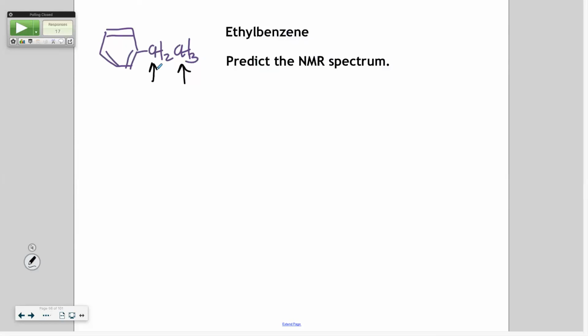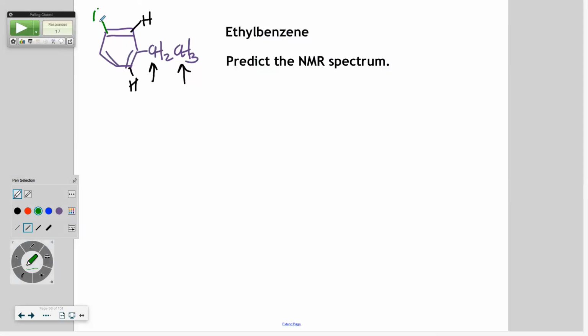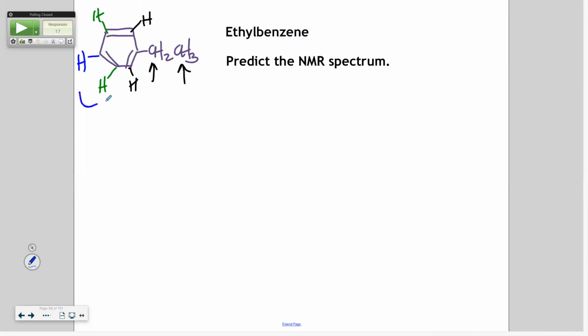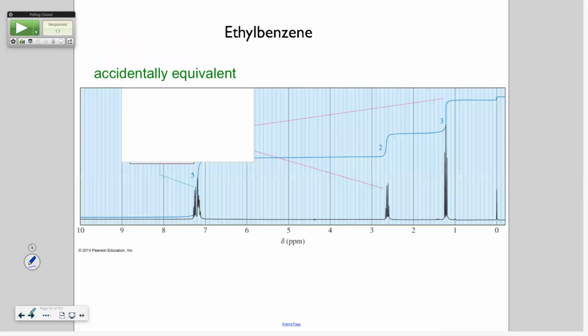Are all of these actually the same? No, because these 2 are 1 away from the ethyl. And then last but not least, we have 1 out here. So you look at that structure and you may be going 1, 2, 3, 4, 5. There should be 5 peaks. But when we actually run the spectrum, these are not differentiated. So that's on the next slide.